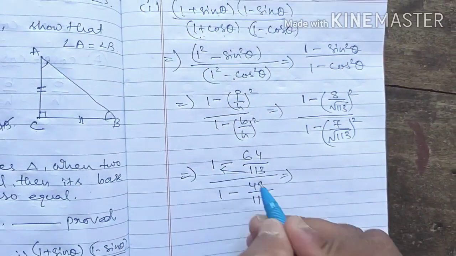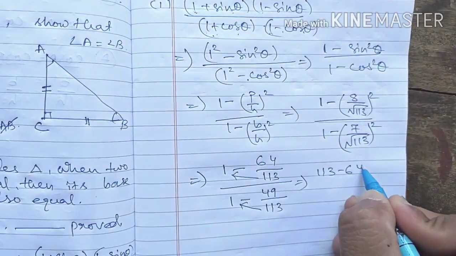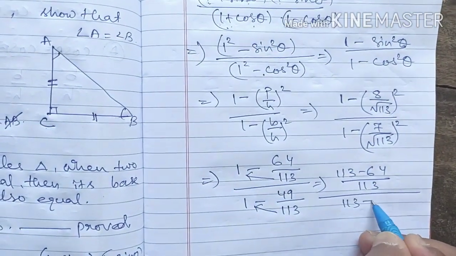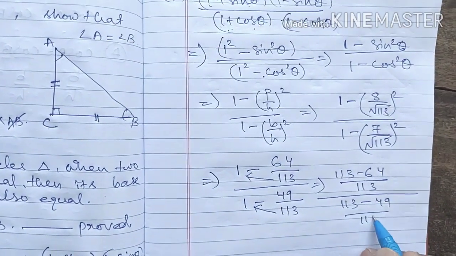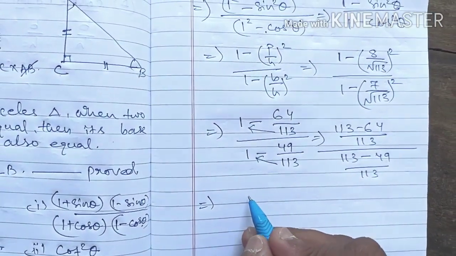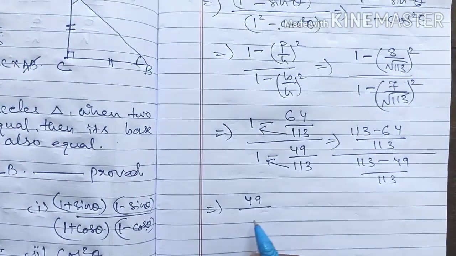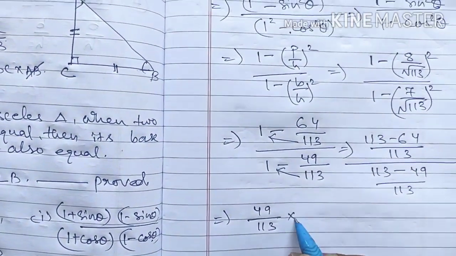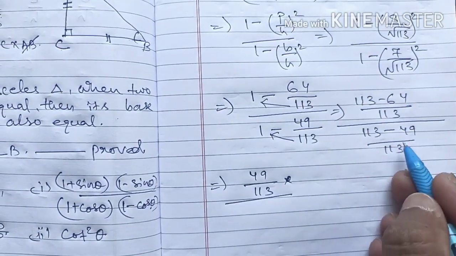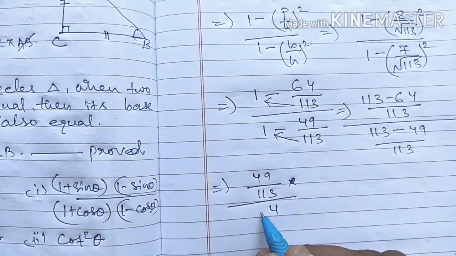Now take LCM, multiply this one here, this one here. So 1 into 113 is 113 minus 64 by 113 whole divided by 113 minus 49 by 113. So 113 minus 64 is 49, and 113 minus 49 is 64.